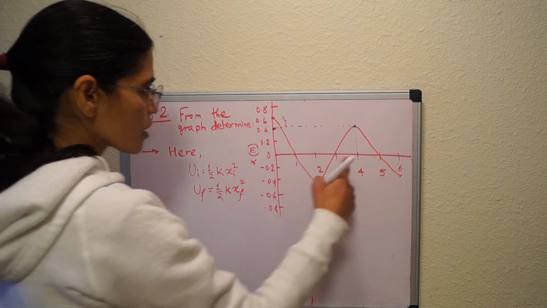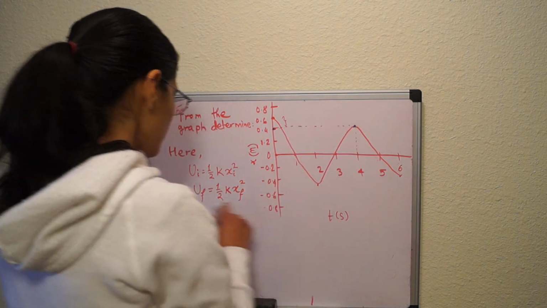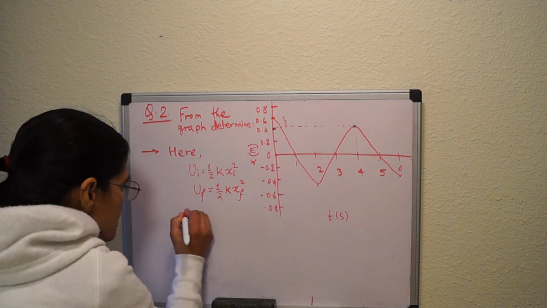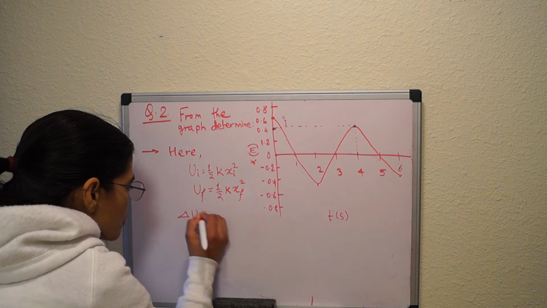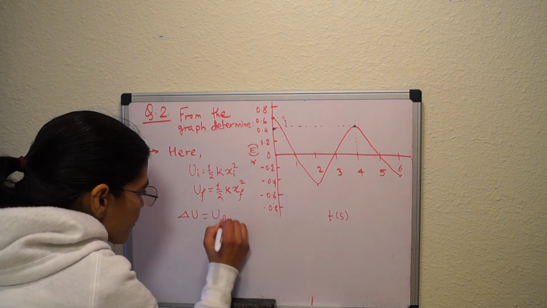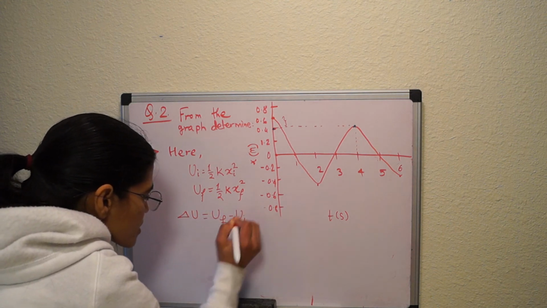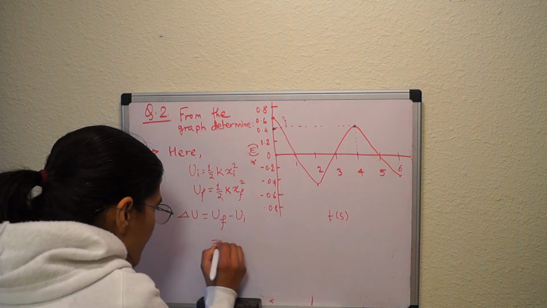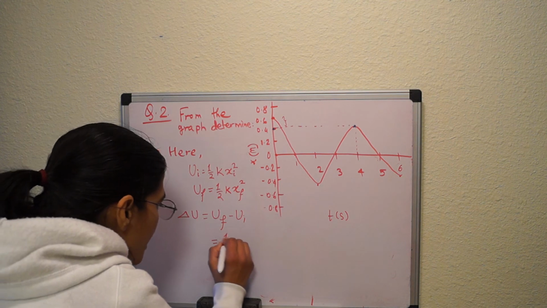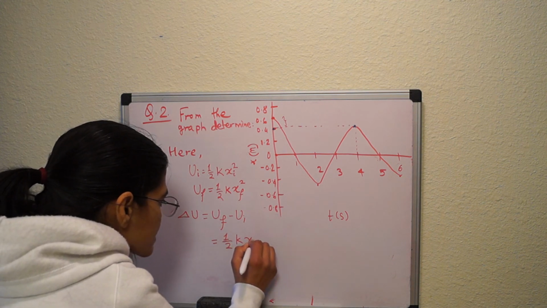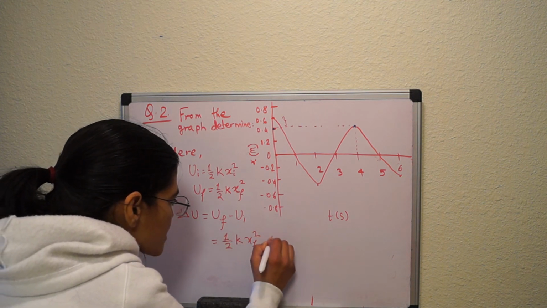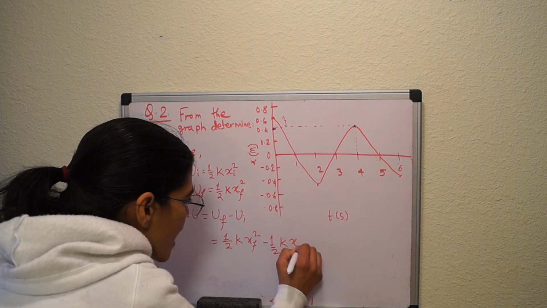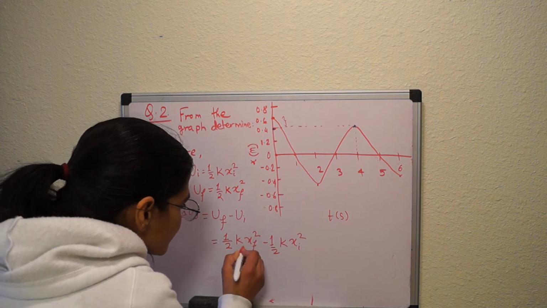Final meaning at 4 seconds we have a different final position. So the change in potential energy delta U is given by Uf, final minus initial. If we write this down, it becomes half k xf squared minus half k xi squared, right?